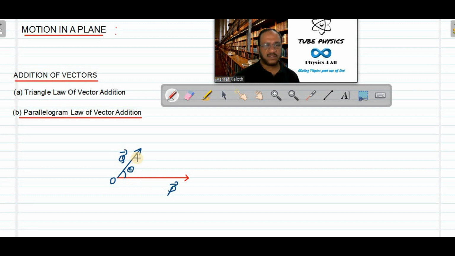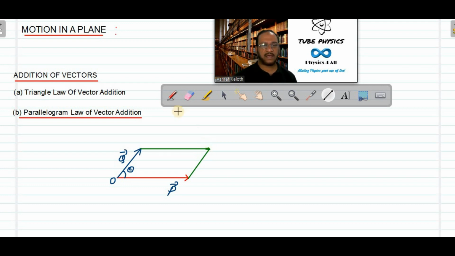Now we can find the resultant of these two vectors by completing a parallelogram. If you consider these two vectors P and Q as two sides of a parallelogram, and if you complete the parallelogram, the remaining side is parallel to P, and this is parallel to Q. Now we have a parallelogram.